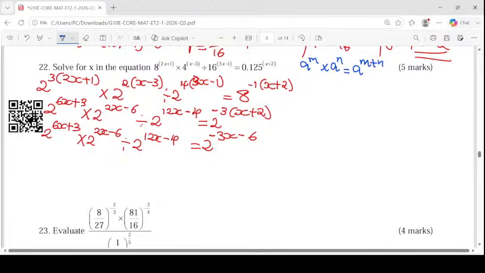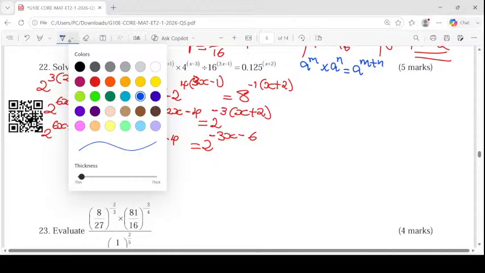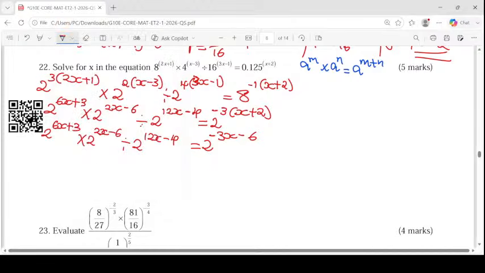So applying that law on the first elements, we are going to have this as 2 to the power of 6x plus 3 plus 2x minus 6 being divided by 2 to the power of 12x minus 4 is equal to 2 to the power of negative 3x minus 6.